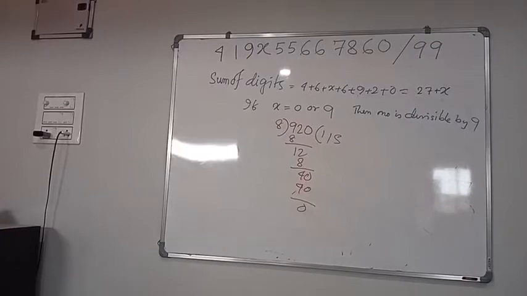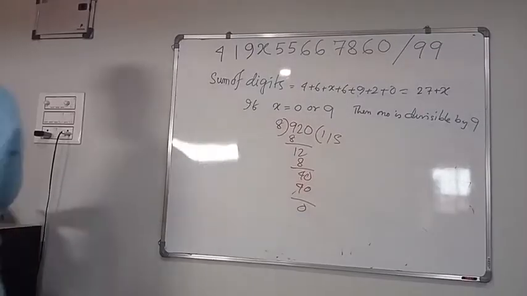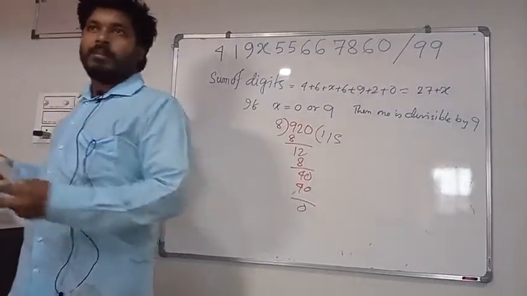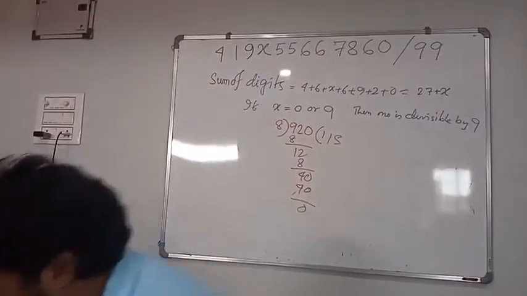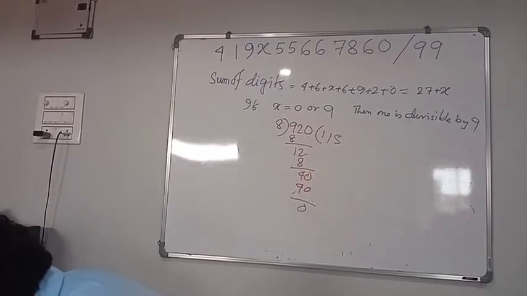Okay. If the number is divisible by 99, then find the value of x. Sir, I found the value of x.